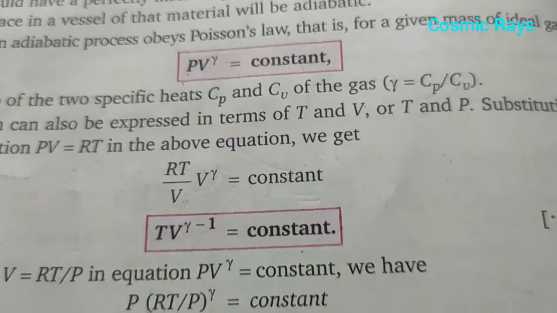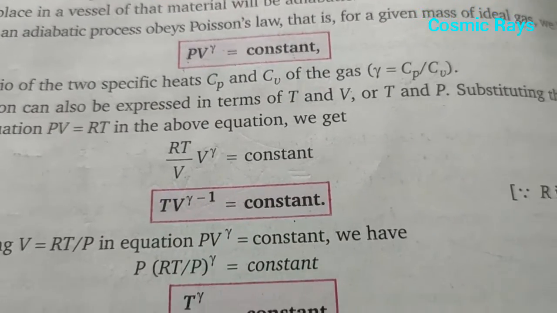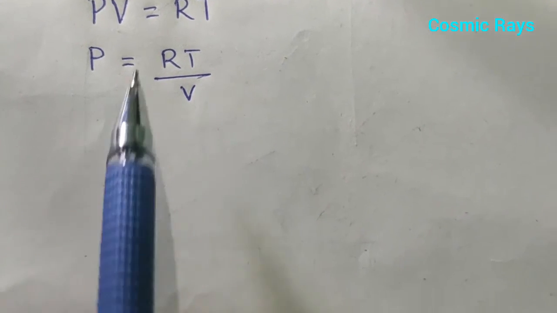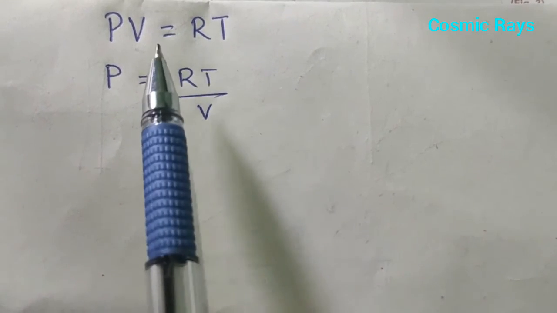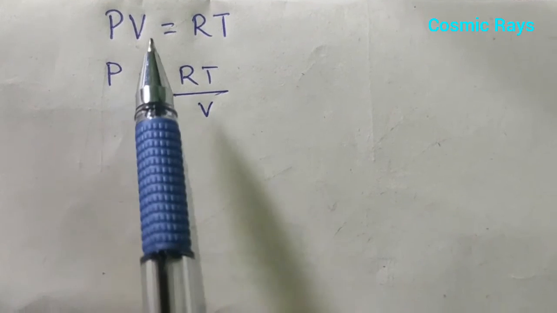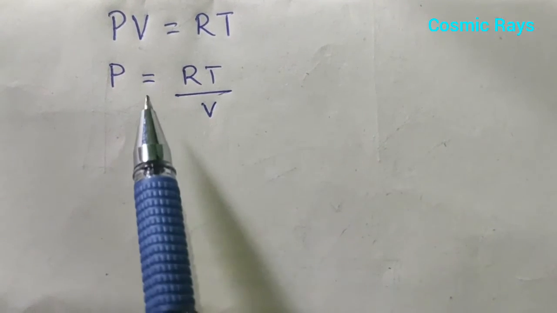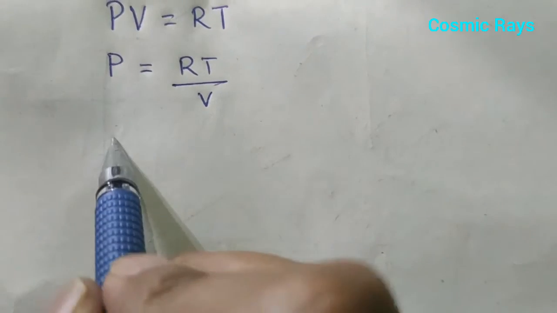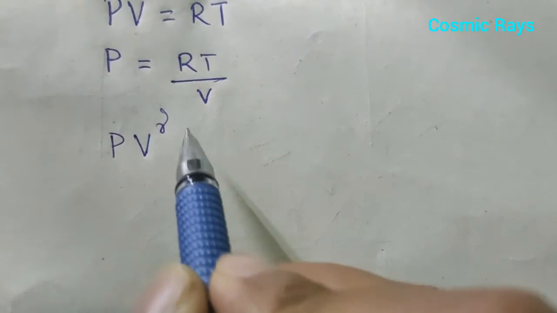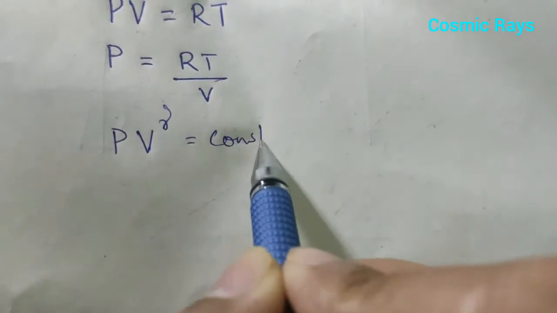This one I'll just show it to you. So here we take the ideal gas equation PV equal to RT. From here we have calculated the value of P. V is taken to the other side, so we have P equal to RT upon V. Now our main equation is PV to the power gamma equal to constant.